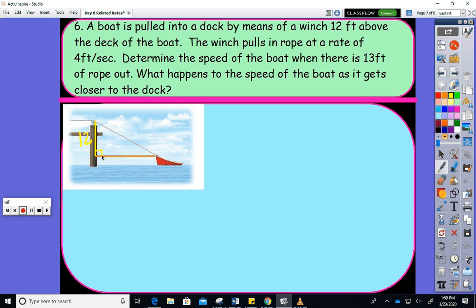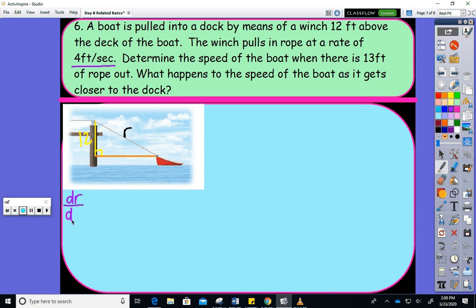All right, so guys, this is the length of the rope, and it looks like the rope is shrinking at a rate of 4 feet per second. So the 4 feet per second is my dr/dt.